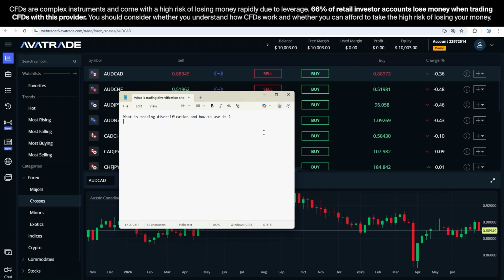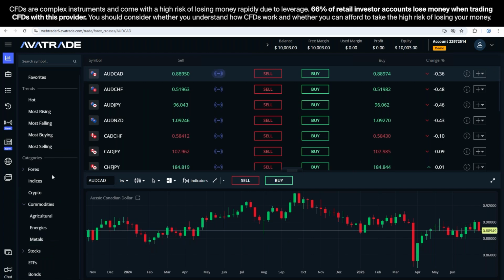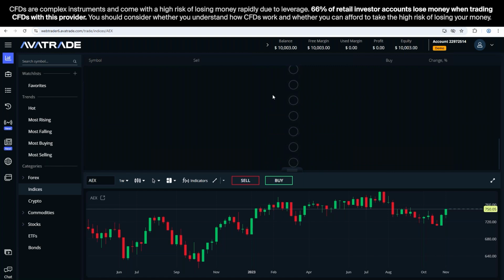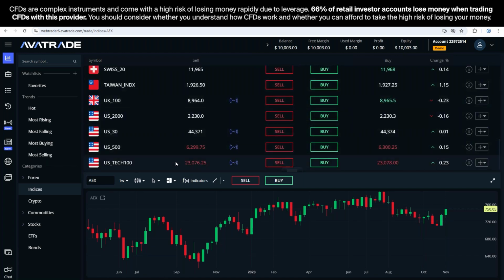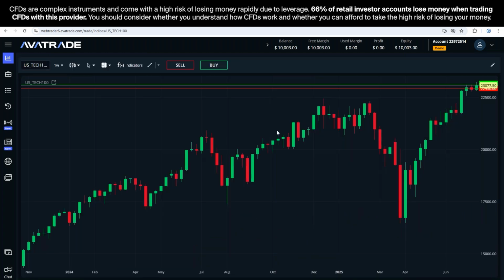Okay, great. So what is trading diversification? This is basically, instead of trading only one instrument, which could be, if we click on the commodities or maybe even the indices, and we scroll down to find NASDAQ, which is right here at the bottom. We're going to click it, and then we're going to extend the chart, and maybe we'll display another instrument.